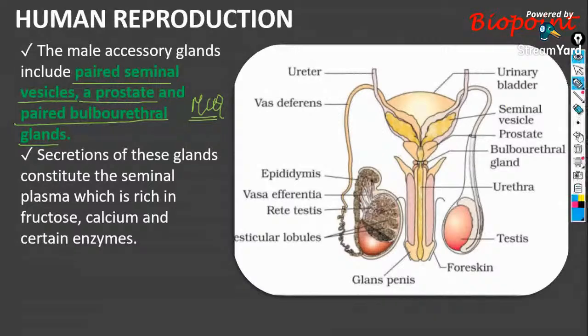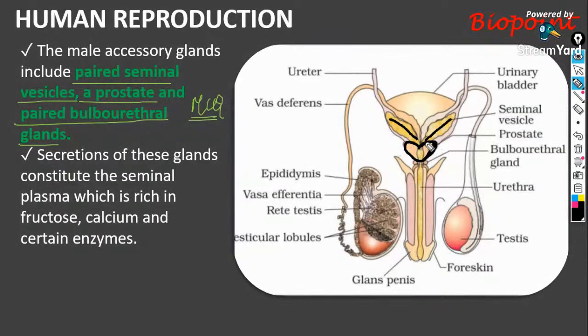Look, I'll indicate with a black color. This is one seminal vesicle. This is another seminal vesicle. This is actually the prostate gland. As the urethra is passing through the middle, you will feel like it is two, but it is actually a heart shaped structure like this.